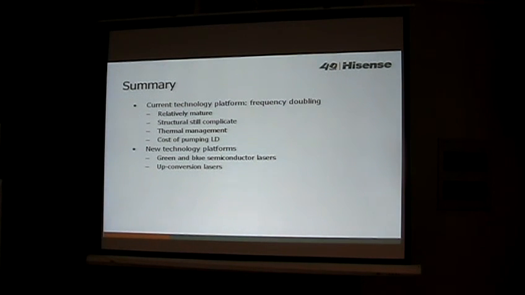I would like to put this technology platform in a historical perspective. Like I said repeatedly, the semiconductor laser is the first choice, at least the preferred choice for many applications.